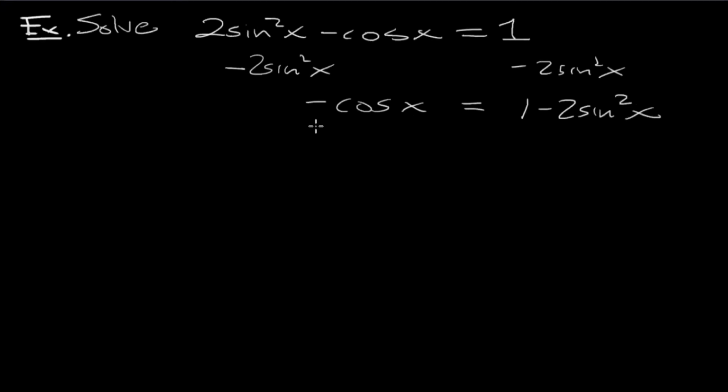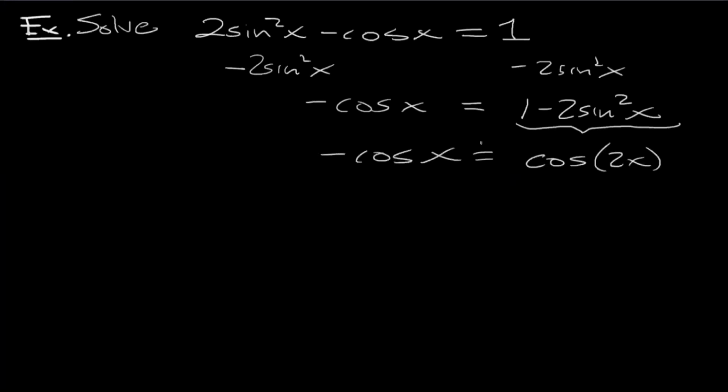And if you look, this right here is actually the identity for what function? Cosine of 2x. Okay, and so people see that and they're like, ah, that was so easy. Now I've got one trig function and it's all smooth skating from here.